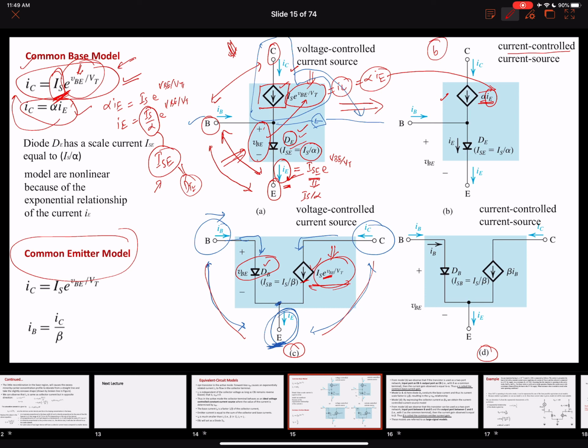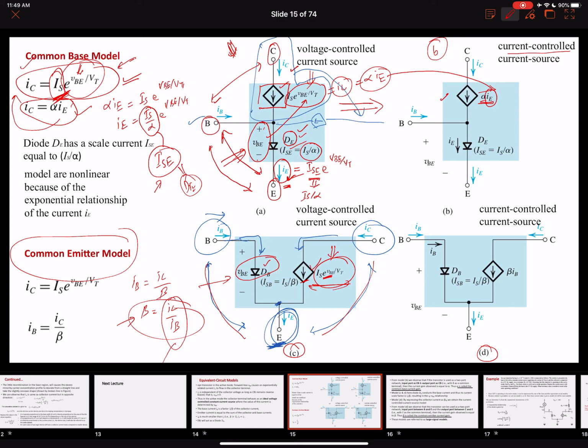In this configuration, we know that for the common emitter configuration, our base current was equal to IC over beta, and our beta is equal to IC over IB, right? Earlier we discussed that this equation is the current gain for a common emitter.